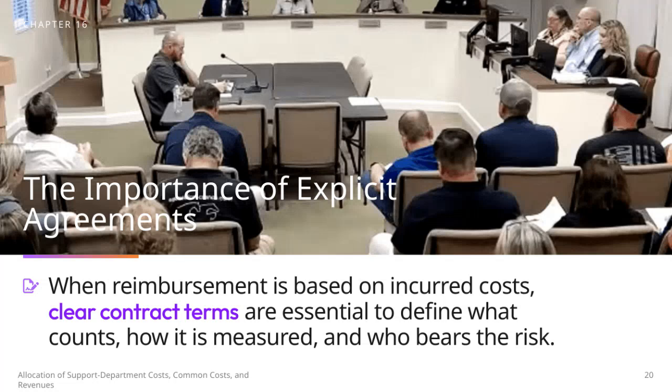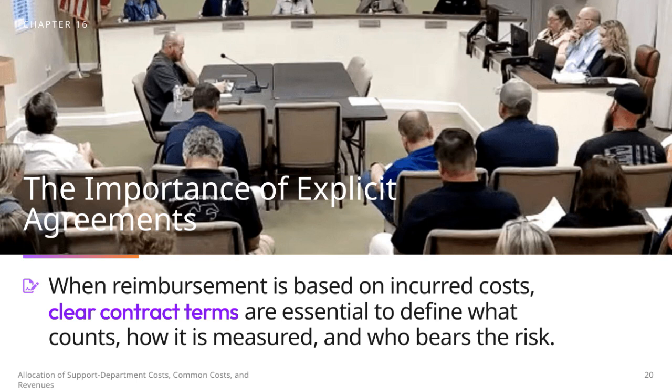Now, focusing on the allocation of support department costs, common costs, and revenues, it's crucial to recognize the role of explicit agreements in this process. When reimbursement is tied to actual incurred costs, having clear and detailed contract terms becomes absolutely essential. These terms need to specify precisely what costs are included, how those costs are measured, and importantly, who is responsible for bearing the financial risk.